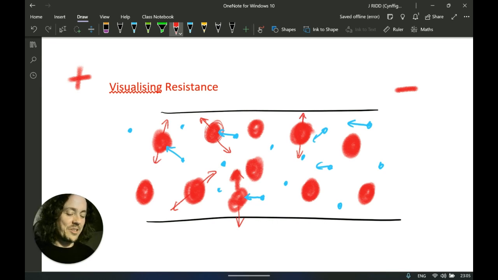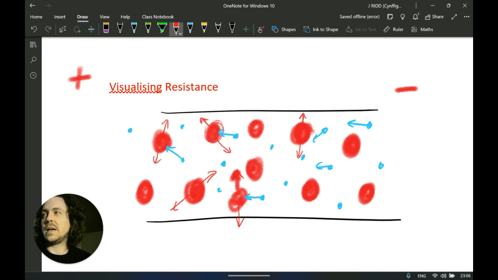Now, here's where we can explain why the resistance increases. If after a certain amount of collisions, the material ions are vibrating and moving about, then the probability of further collisions will in fact increase. If the probability of further collisions increases, then that will in turn mean more resistance. It's a bit of a feedback loop, really.